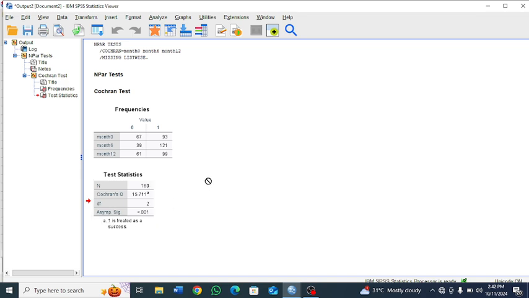So no or yes, that is the reference it has used. There are two categories, and normally the degrees of freedom is the number of categories minus 1. So you see 2 there, and this is the p-value. Its p-value is less than 0.01.